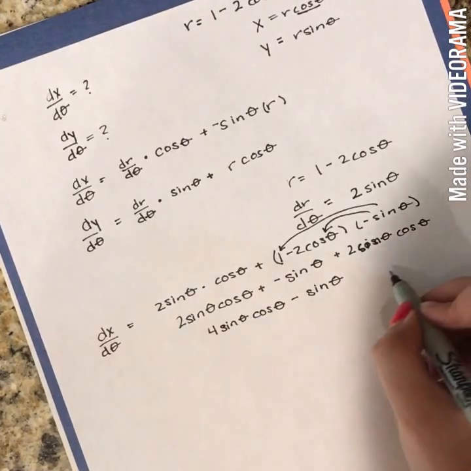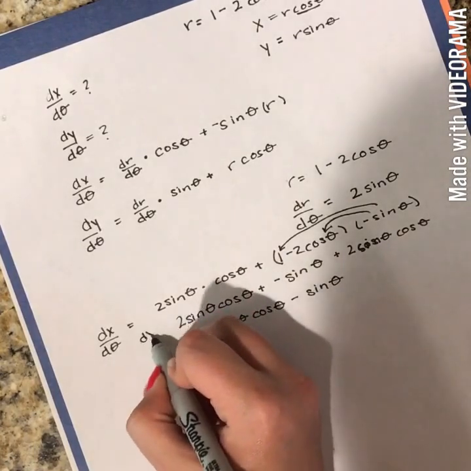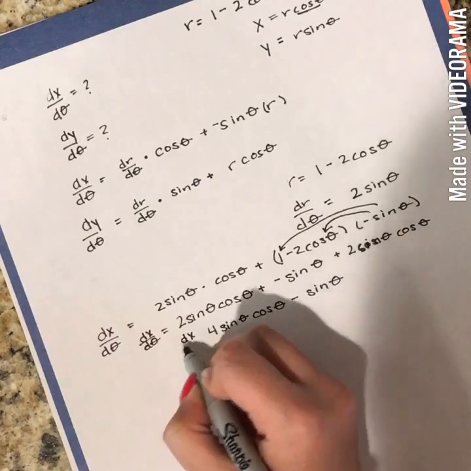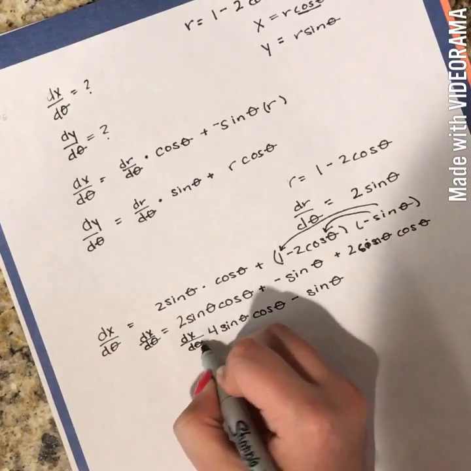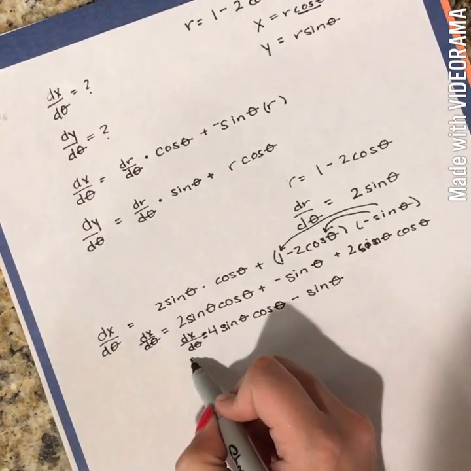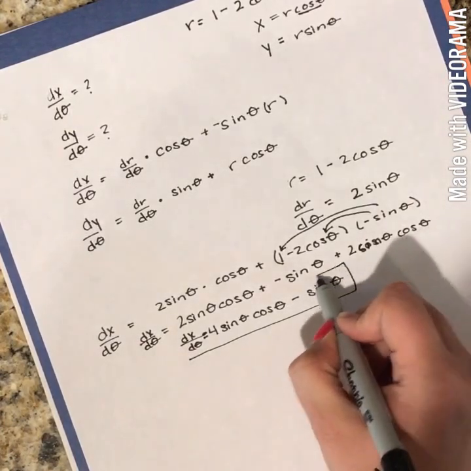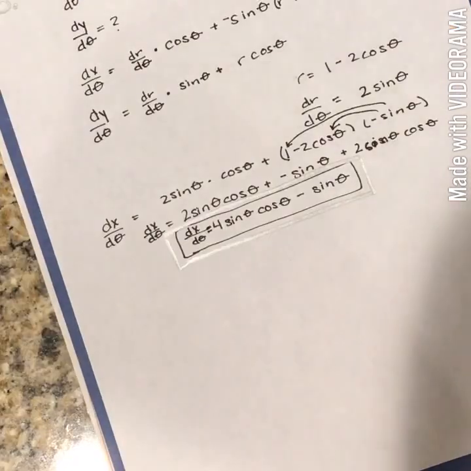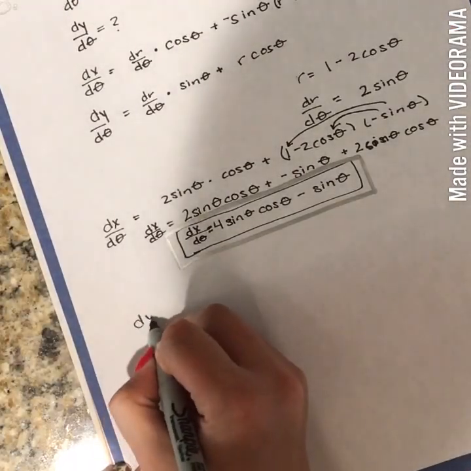That's the simplest you can get it, and remember, you always want to write these in the right form. So that's your answer for dx d theta. Now that we've done that, we're just going to find dy d theta, which won't be that difficult.